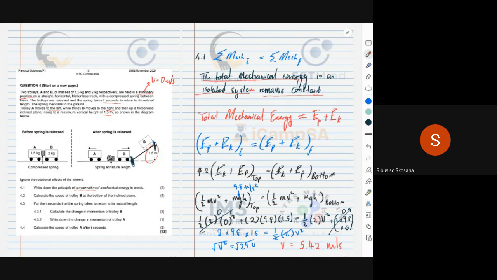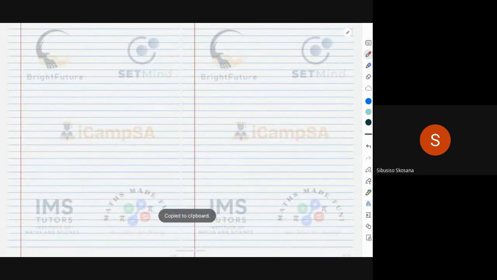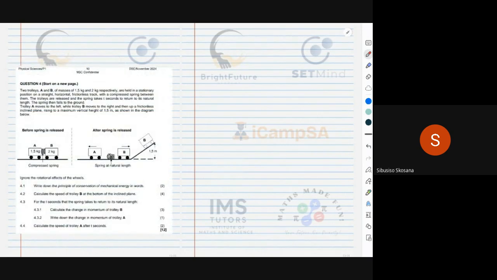Then write down the change in momentum of trolley A. Let's copy this and come this side. So we are in 4.3.2.